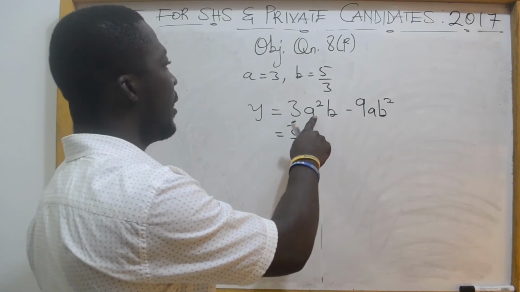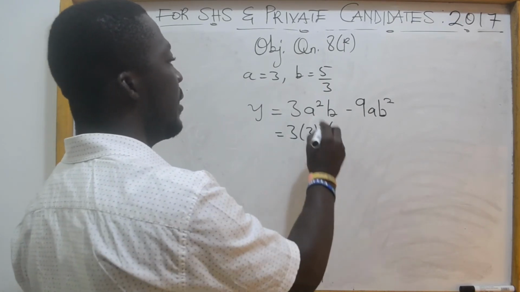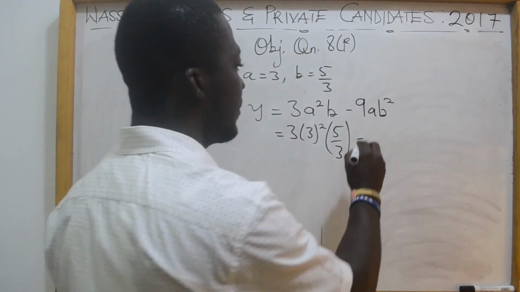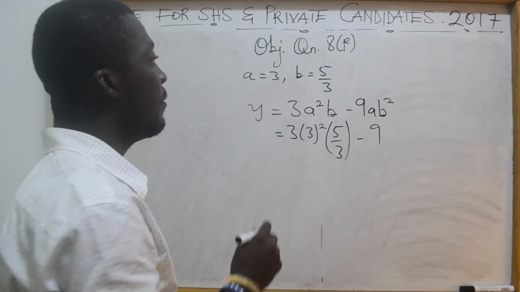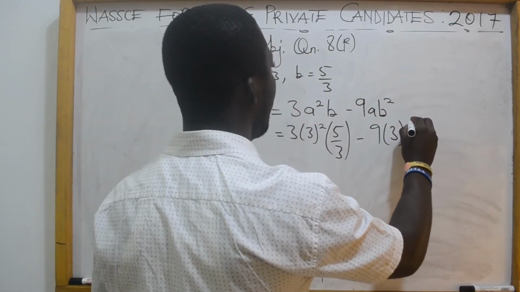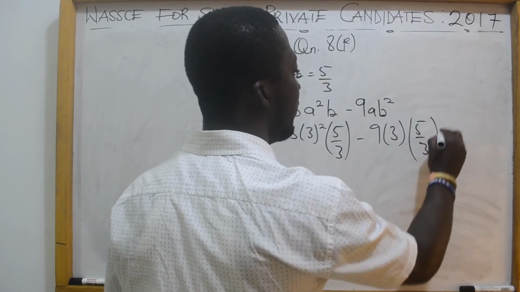The value for a is 3, so 3 squared, and that of b is 5 over 3, minus 9. The value for a is 3 and b squared, b is 5 over 3 squared.